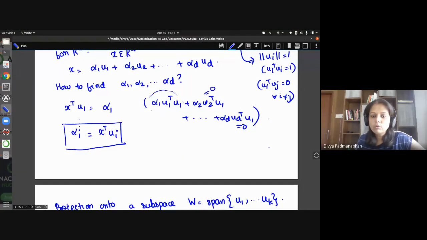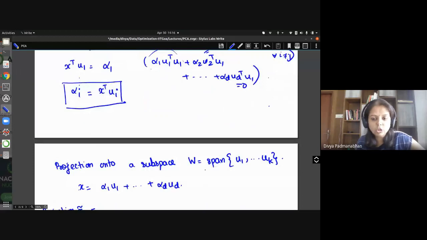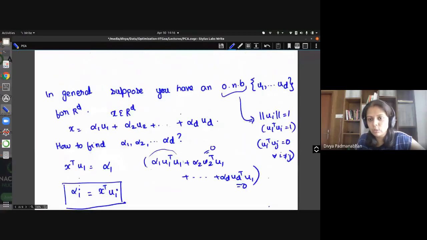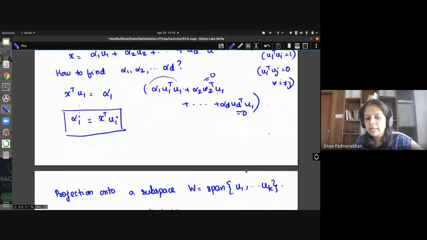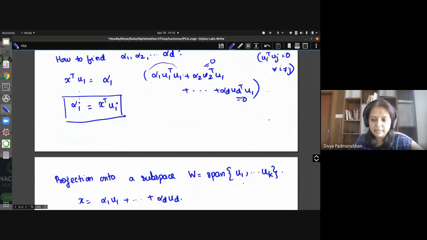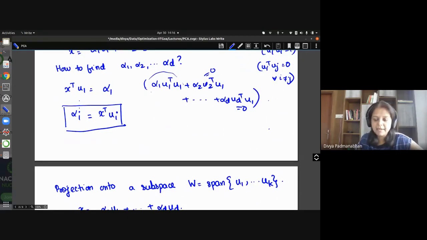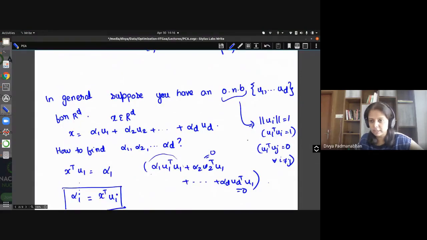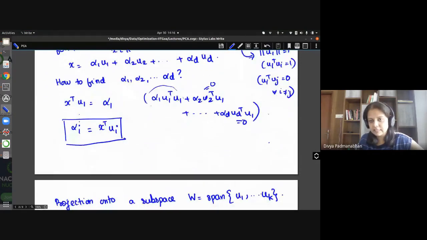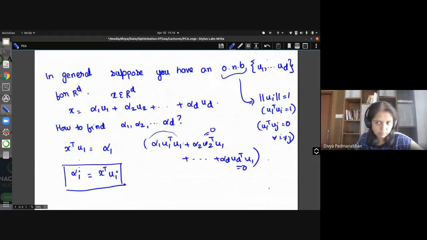Now when you look at projection onto a subspace, U1 to UD is the orthonormal basis that you're considering, and suppose that's given, and you're in particular looking at a k-dimensional subspace, which is spanned by the vectors U1 to UK. So this U1 to UK is a subset of the original orthonormal basis.